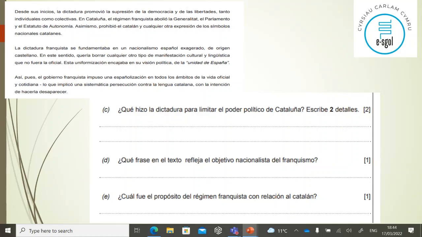Going to look at question C. En Cataluña, el régimen franquista abolió la Generalidad, el Parlamento y el Estatuto de Autonomía.